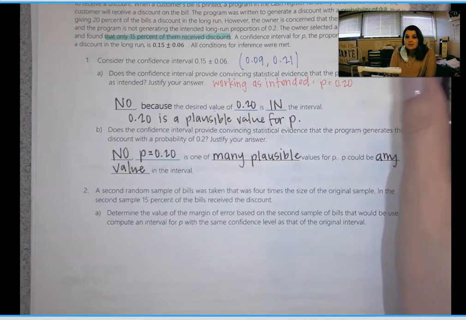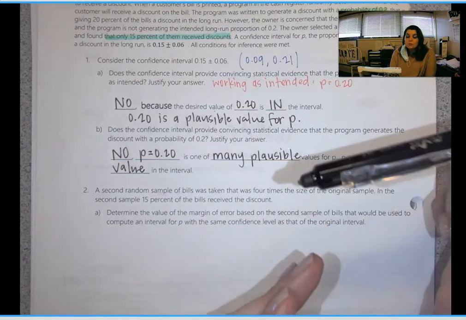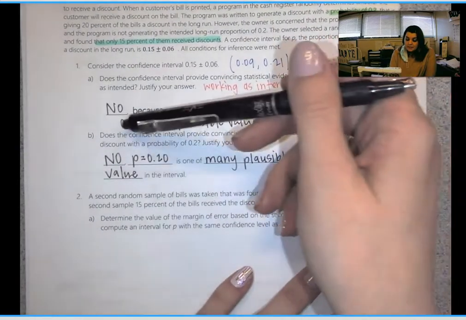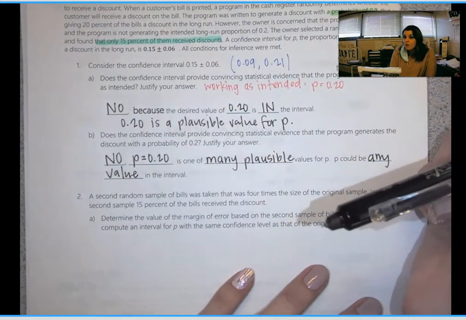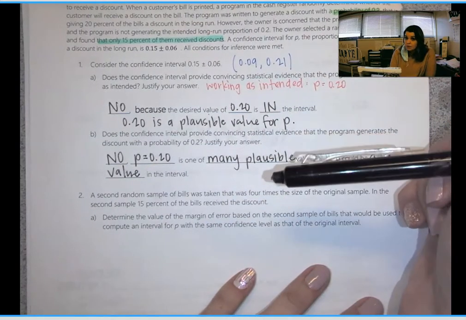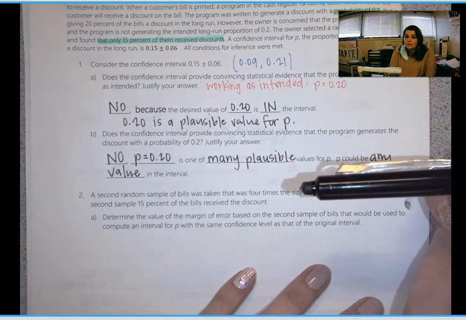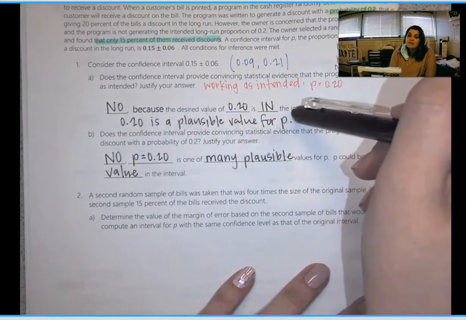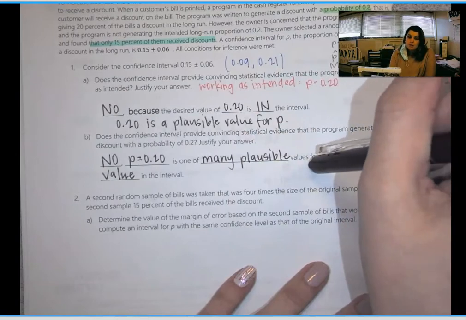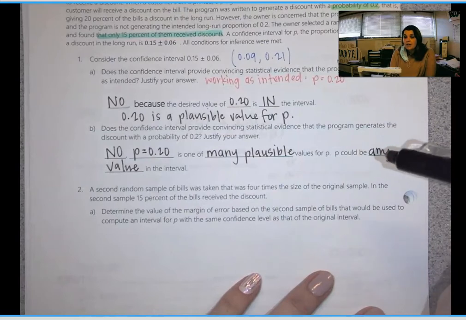So this is not evidence to prove the claim or support the claim. This just tells us that it could be working properly. We do not have evidence against the claim. We don't have evidence to prove the claim is true, but we don't have evidence against it, so it could be working properly. So no, we don't have evidence against the claim, and no, we don't have evidence to support the claim. All we can say is the program could be working as intended.